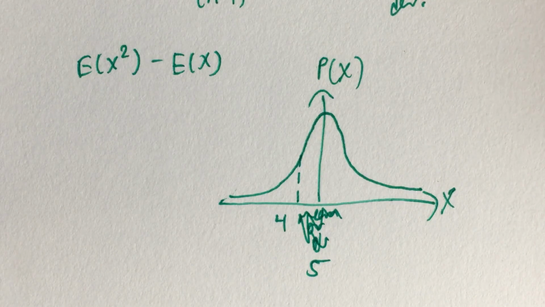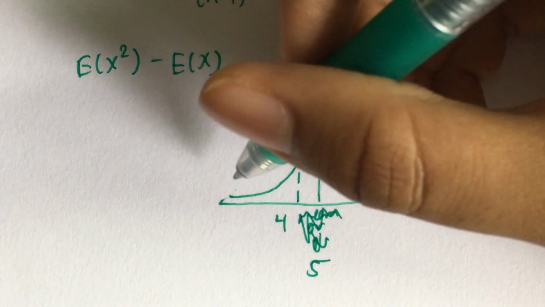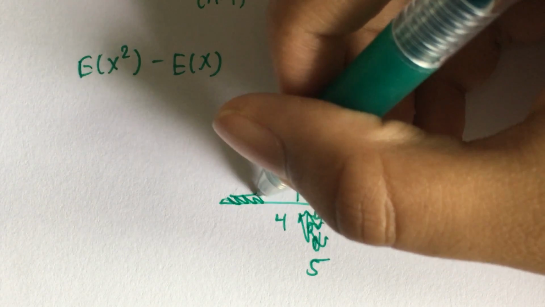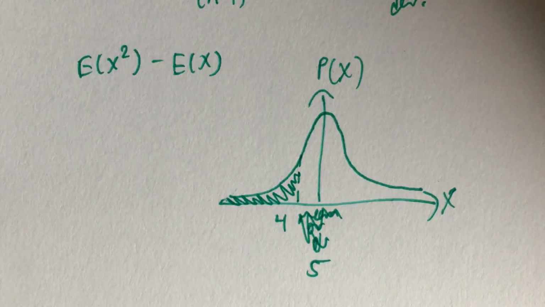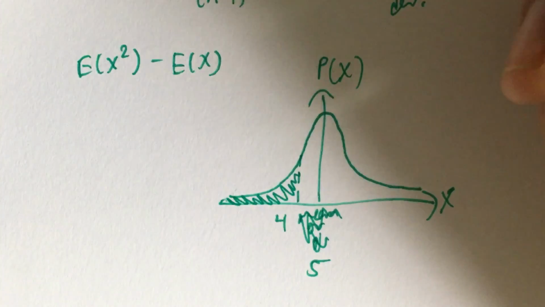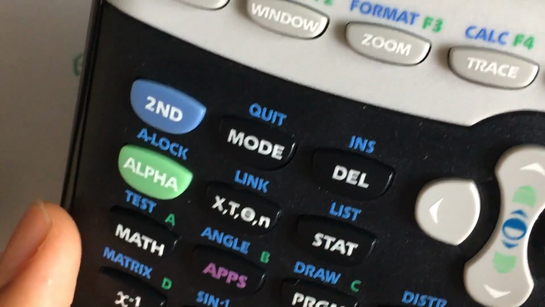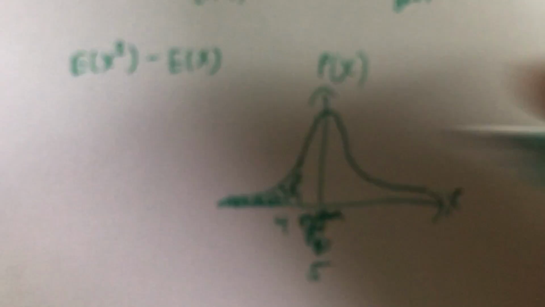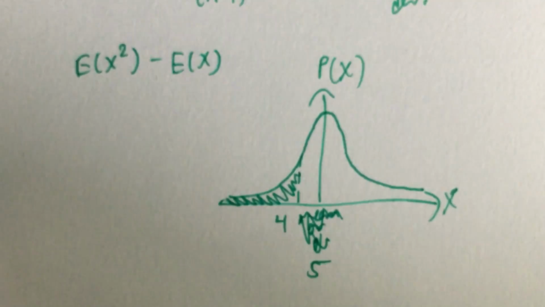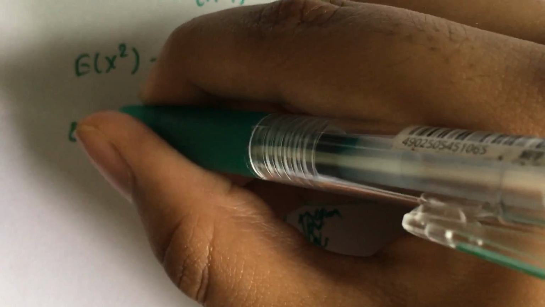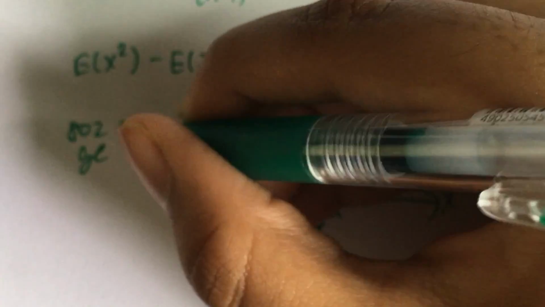You can either find the area under the graph from negative infinity to 4, or you can go to the stats button, and then go to the normal distribution option and use that to find your probability of this lesser than that.